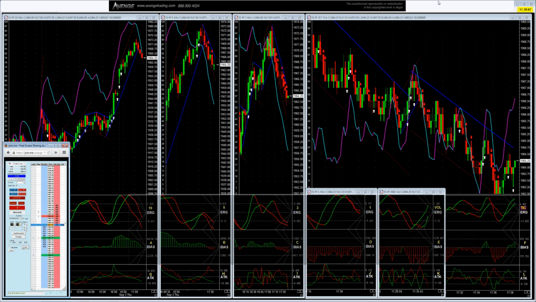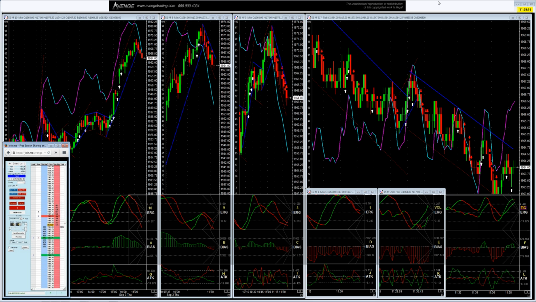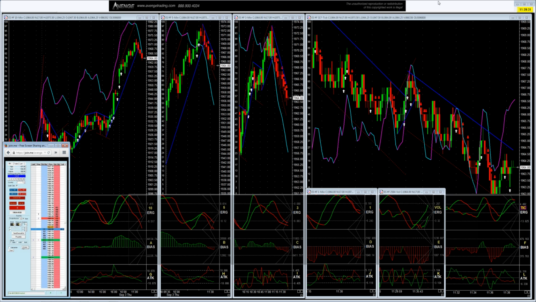And we've come down here ultimately almost 10 points off of that turnaround at the 73.50 level. Almost looking to wait for these ticks to turn.